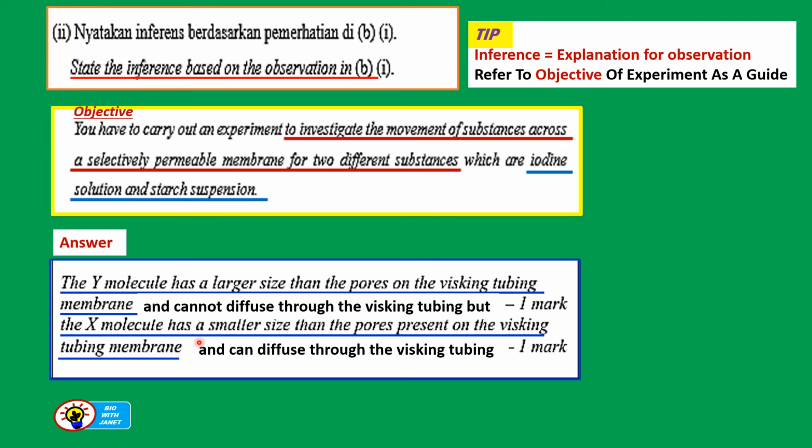Whereas molecule X, which is the iodide ions or iodine molecules, has a smaller size than the pores present in the whisking tubing, and they can pass through the whisking tubing. So that is the answer to explain your table of results just now. 1 mark for the first part on molecule Y and 1 mark on molecule X.